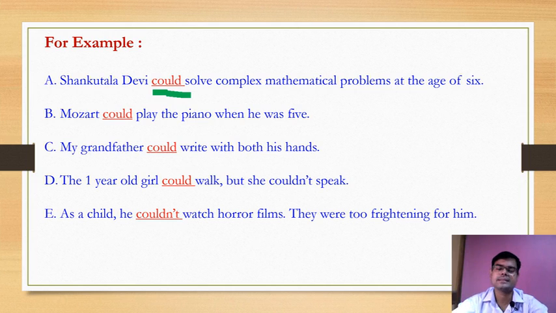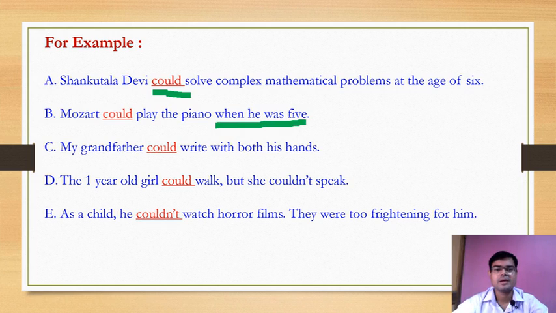In the second example, Mozart could play the piano when he was 5. Mozart was a world famous musician, very popular because of his piano playing skill. Even when he was 5 years old, he used to play piano very professionally.